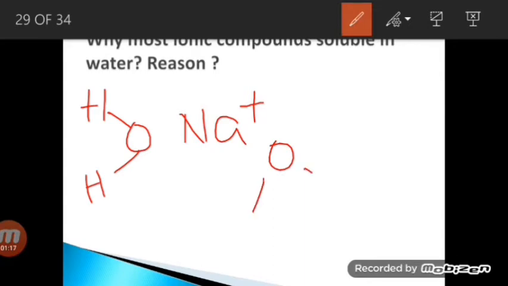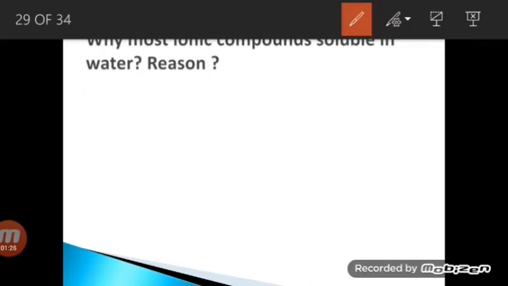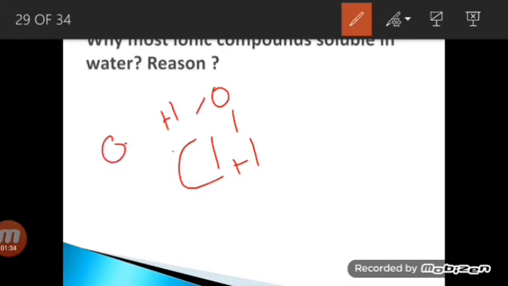So it will be surrounded by water molecules in this way, and the chloride ion will be surrounded in this way. Hydrogens will be towards the chloride ion. So this is how they will be surrounded with the water molecules.